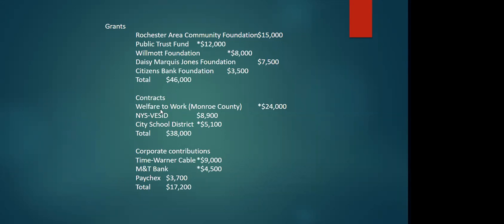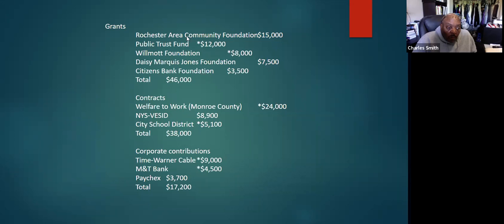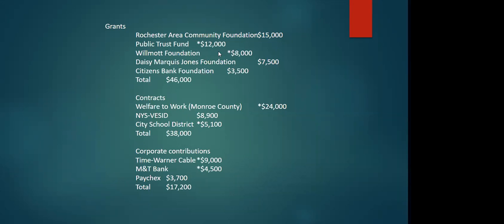They might be paying you to teach people how to do videos or whatever the case might be. Contracts, and we're going to talk about that. You can bring in a lot of money from what we call fee for service. This is where the money comes from for you to provide your service free of charge through grants. But you're also bringing in money for fee for service because you're always balancing the two. Then you bring the money in from corporations as well.